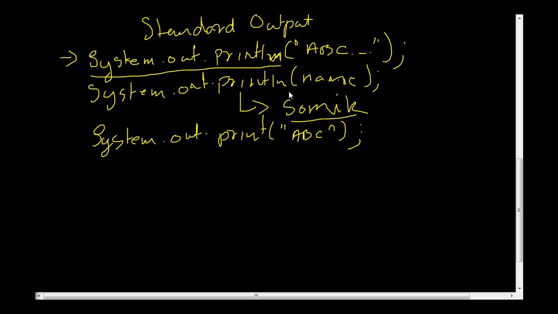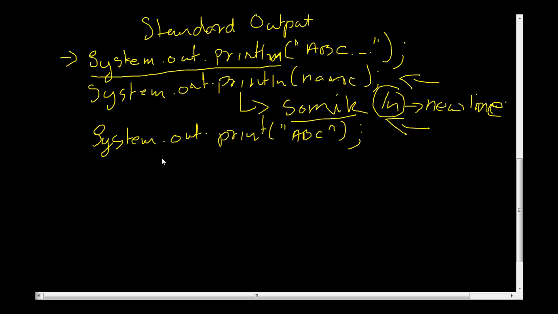The difference between the println and the print method is that println automatically appends a \n, or new line, at the end of the statement. Print does not. Let's take an example.